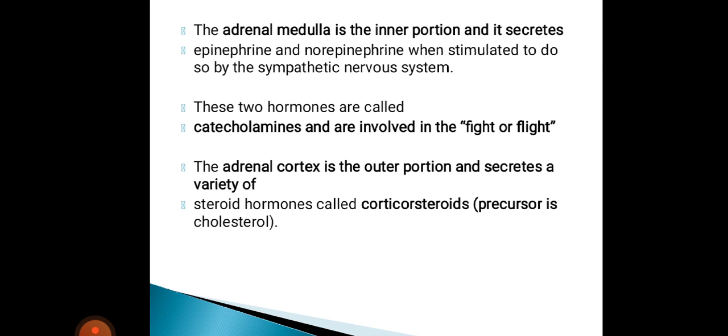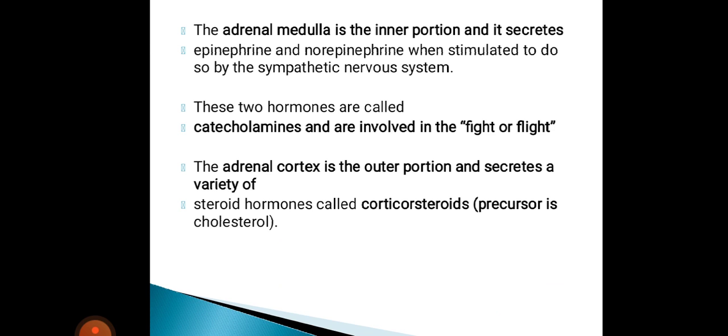The adrenal medulla is the inner portion. It secretes epinephrine and norepinephrine, also called adrenaline and noradrenaline, when stimulated to do so by the sympathetic nervous system.